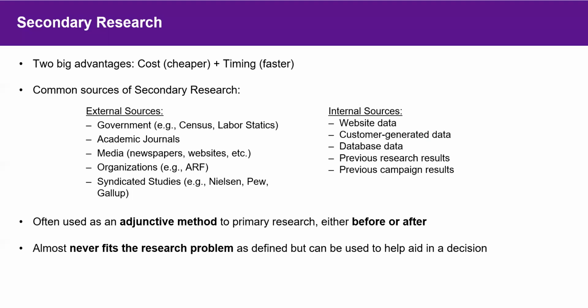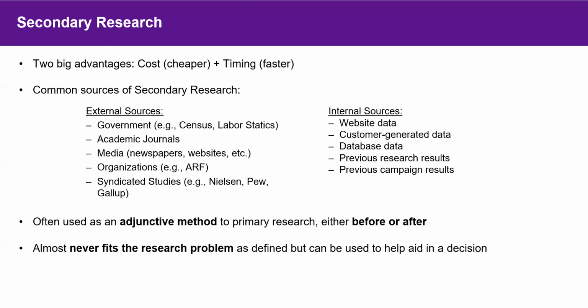And then not to discredit any internal data sources that you might have at hand. Website data, customer satisfaction data, any kind of previous research campaign results, for example, all of that can be leveraged in an effort to do any type of secondary research that might come across your desk.